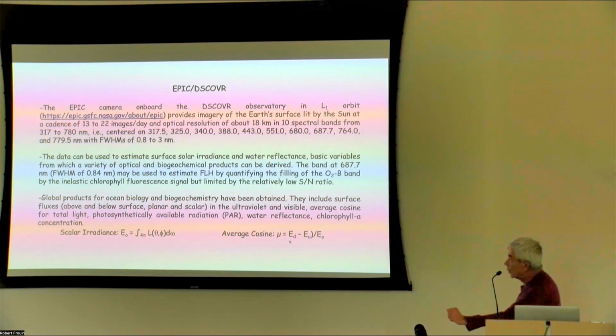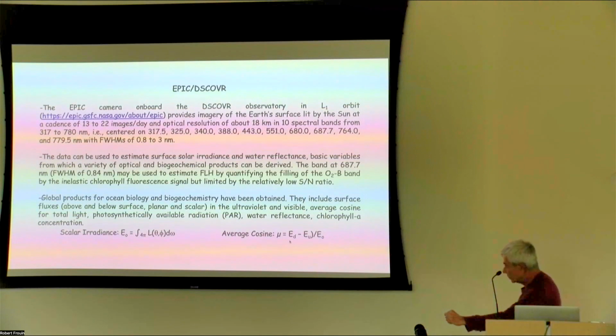Now, some global products for ocean biogeochemistry are being obtained. They include the surface fluxes above and below the surface, planar and scalar, in the UV and visible, also the average cosine for total light, and power, and the water reflectance and chlorophyll concentration.